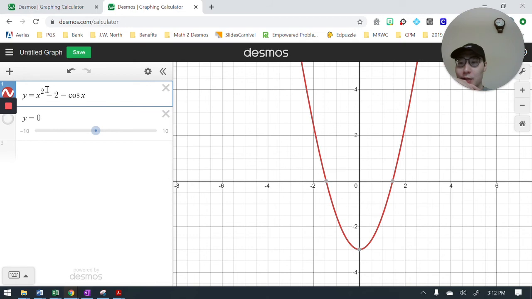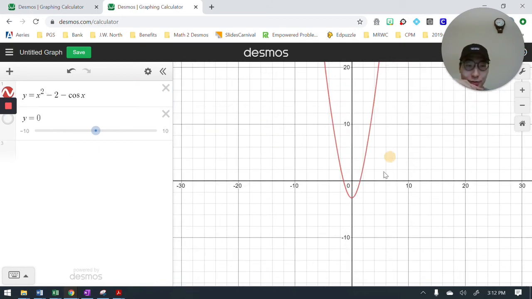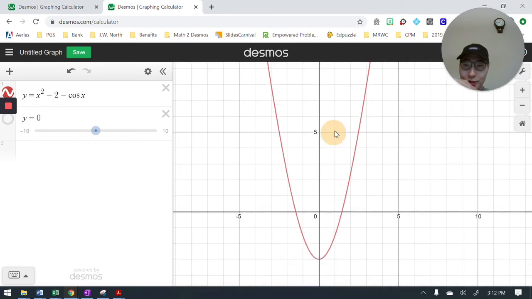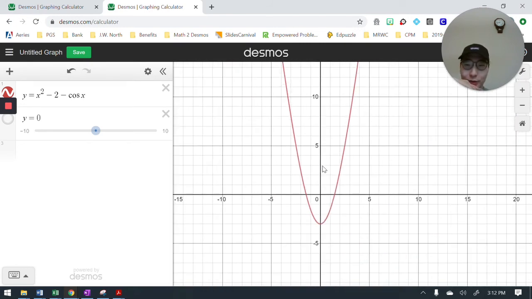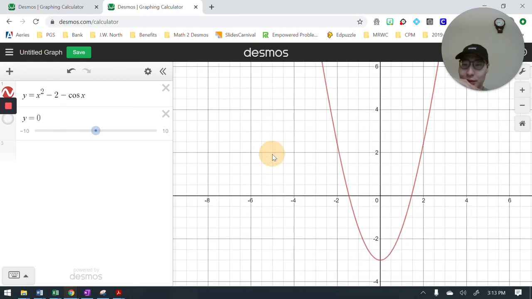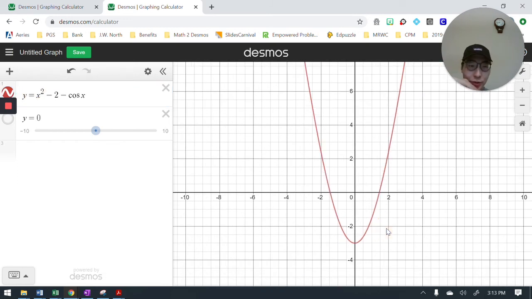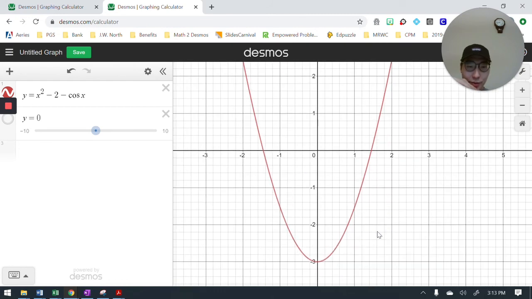So y equals x squared minus 2 minus cosine x looks something like this. Oh, pretty nice function that looks like a quadratic function, right? Just to let you know, this happens because of the characteristic of cosine x and x squared. They're both even functions. So when you add those up, this is what you get. Pretty cool stuff, right?